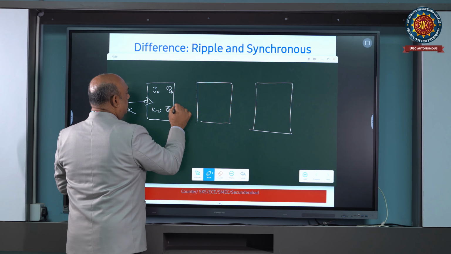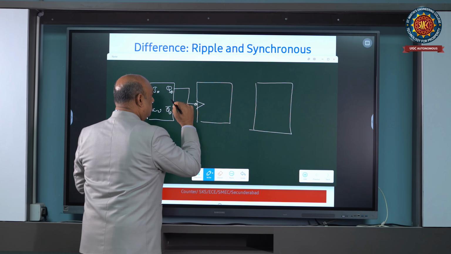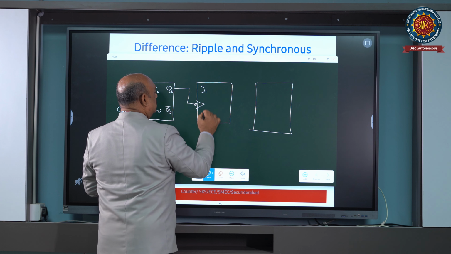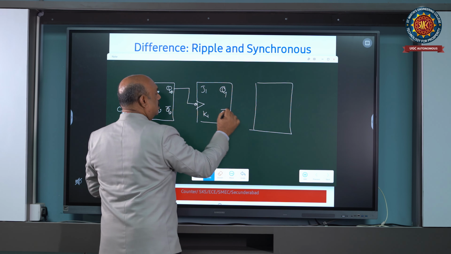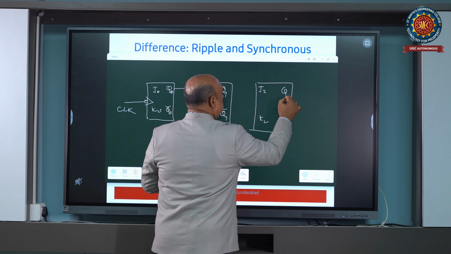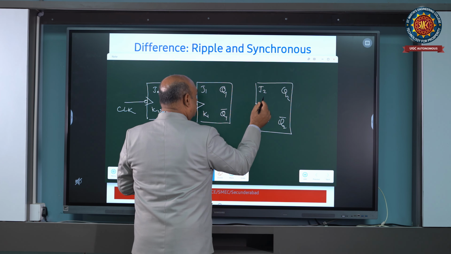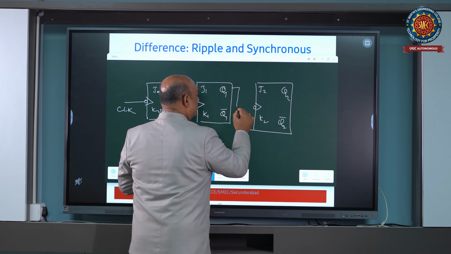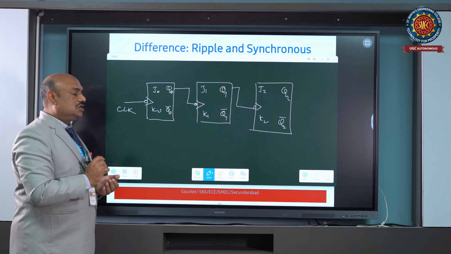From here we take the clock pulse to drive the second flip-flop, with J2, K2, Q2, Q2 bar. Similarly, the third flip-flop will get its clock from the previous one. So this is the method of the asynchronous counter.